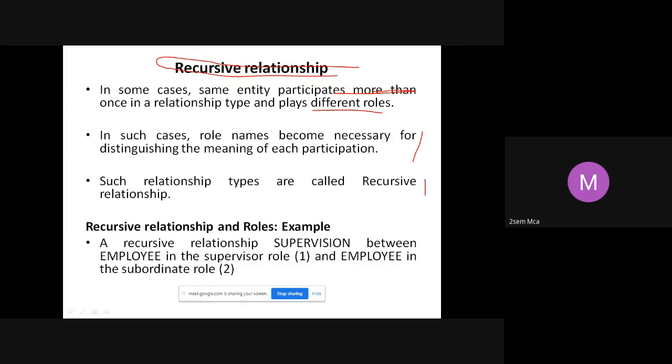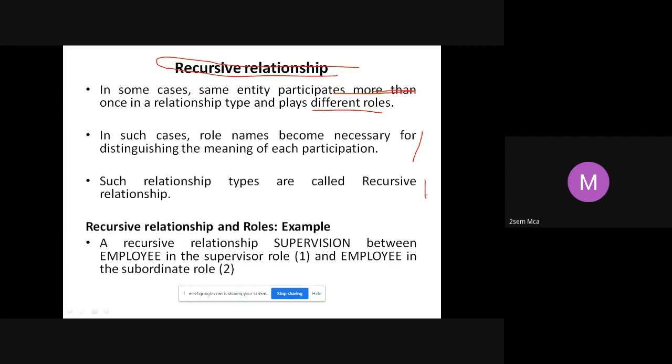Such relationships, you call recursive relationship. Generally in a relationship, there will be two or more different entities participating. Employee works for department. So two different entities are participating. There may be some cases where the same entity is participating twice in that relationship.